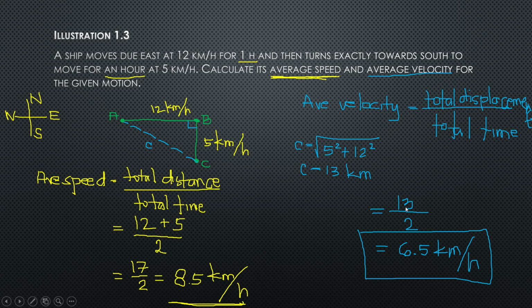After solving the average velocity, we are not yet done. Why? Because velocity is a vector quantity. So you need to find its direction. This is simply its magnitude. So reminder, velocity has magnitude, which is this one, and direction.